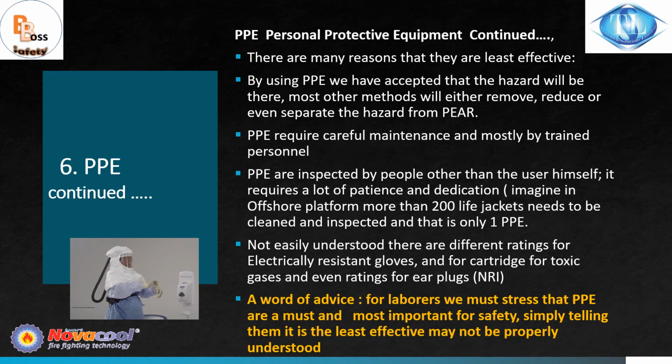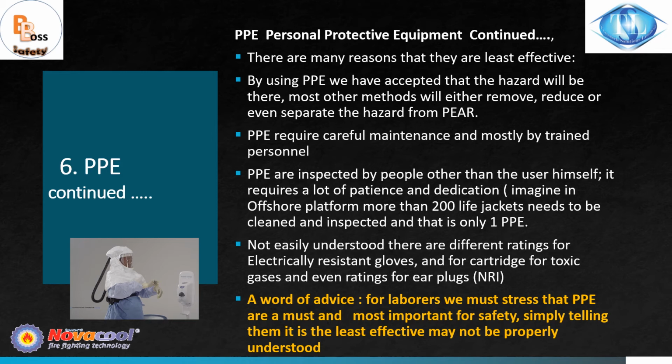And then we will give them eventually the PPE. The training for the PPE also, not all earplugs or earmuffs are suitable for any type of noise or any level.